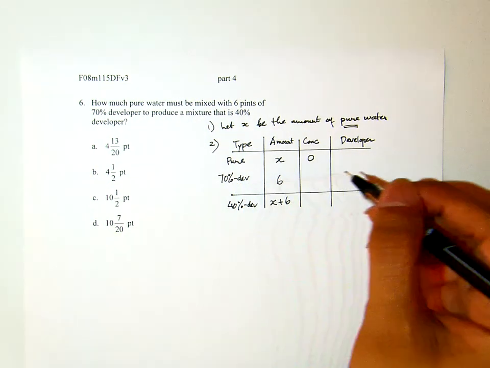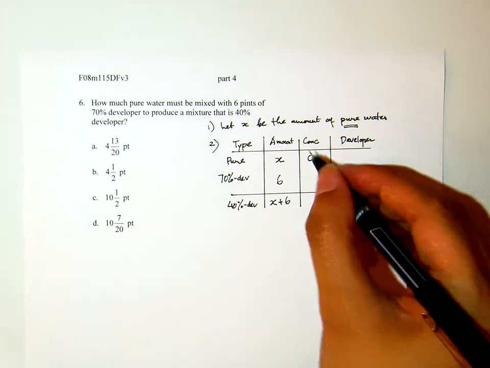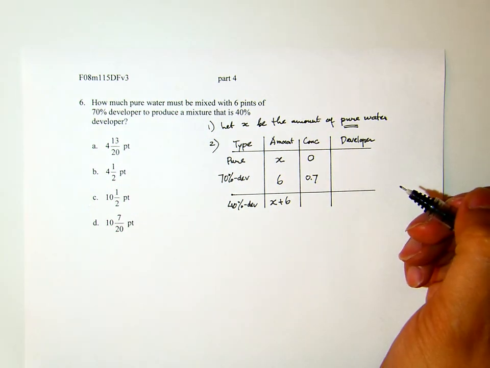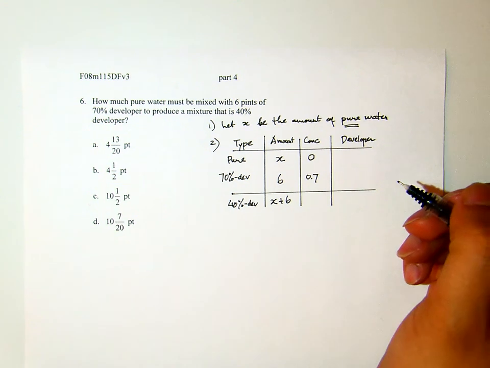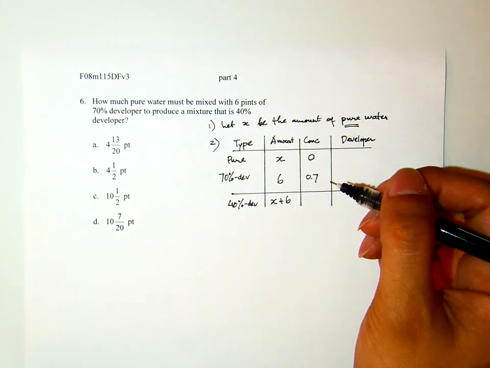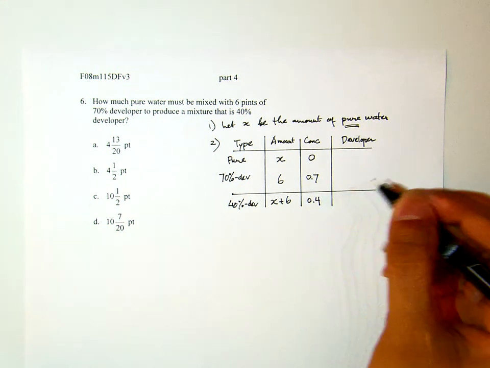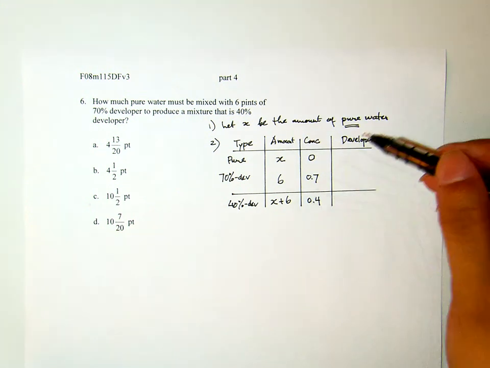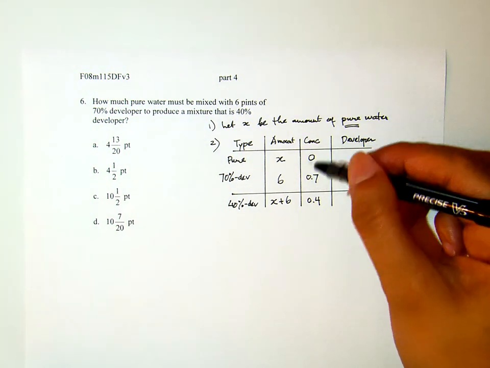The 70% developer has a concentration of 70%, or in decimal 0.7. The concentration we expect after mixing is 0.4. Remember, in this table you can only add the second column, the amount, and the last column, the developer. The third column you don't add.